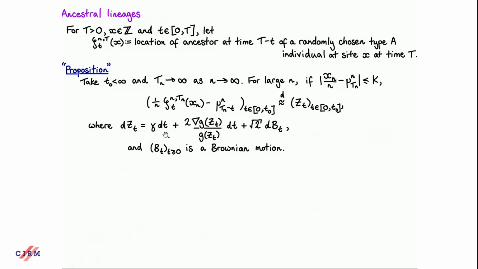And then for the other term, if I'm a type capital A in an ancestral lineage, and I've got more type capital A's to the left of me than to the right of me, then I'm more likely to have come from an ancestor that was to the left, where there are more type capital A individuals. And so I'm going to get pulled up the gradient of the travelling wave.